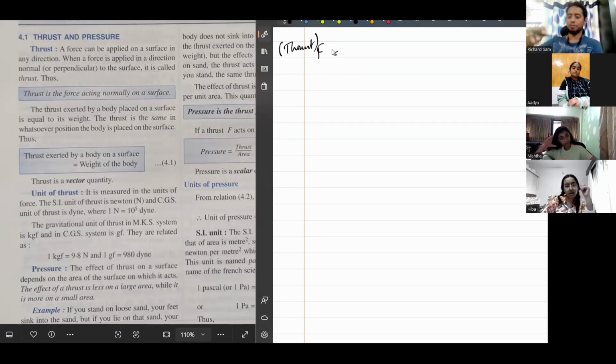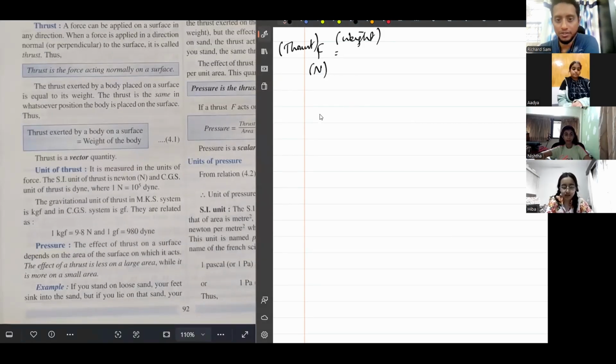If you leave a pen on the table, the pen is exerting a force downwards. This force is exerted just due to gravity. So thrust, force, and weight, they all are the same thing, or they can be used interchangeably. They have the same unit. The unit for force is Newton.